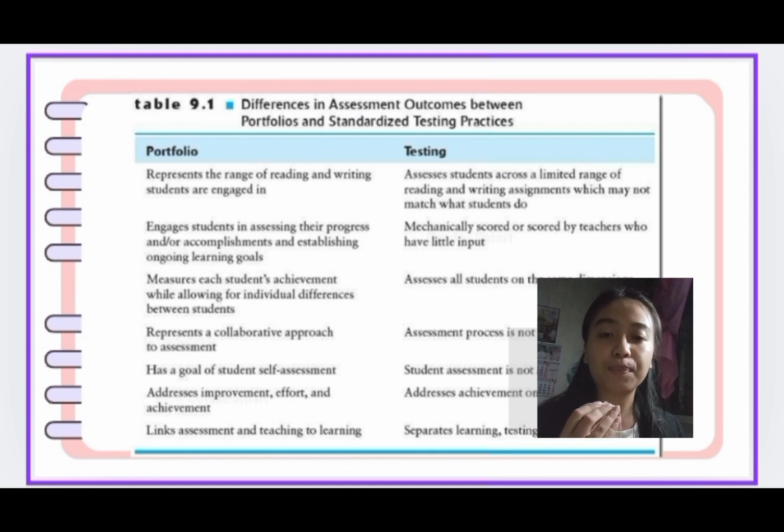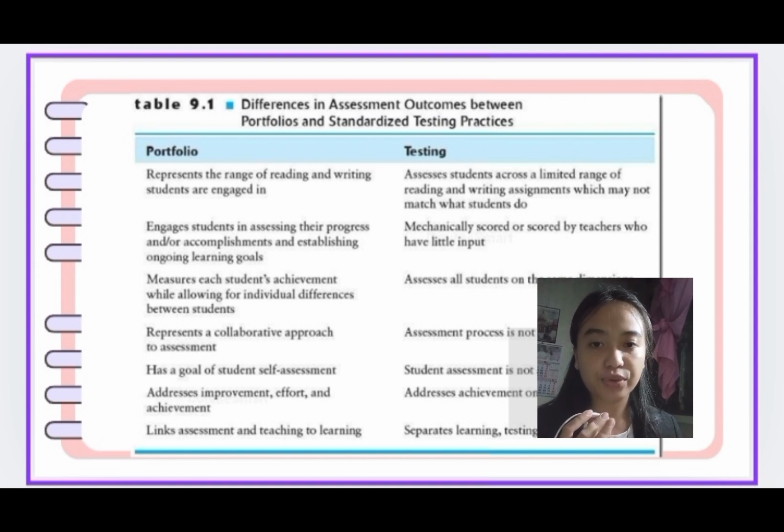So this means that a portfolio reflects the diverse work students do, like writing tasks, showing a broader and deeper understanding of their learning journey. While standardized testing only covers a narrow range of tests, often not related to what students do in their daily learning. So that is the difference between the portfolio and the testing.